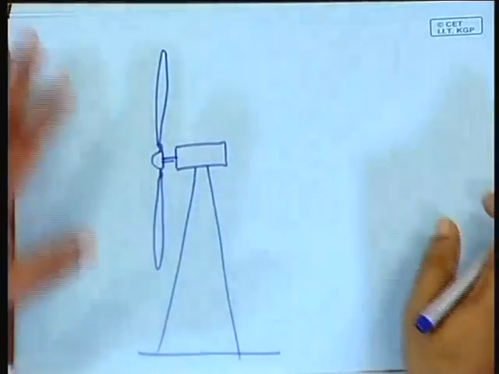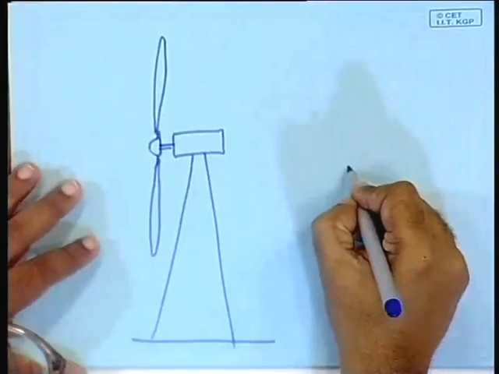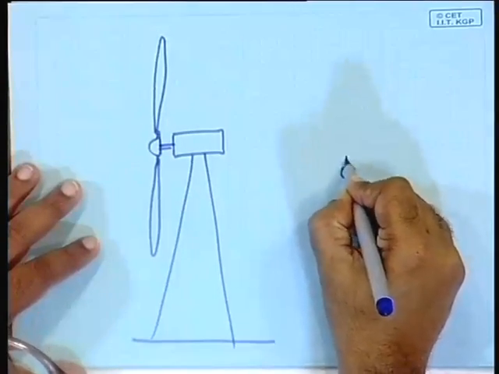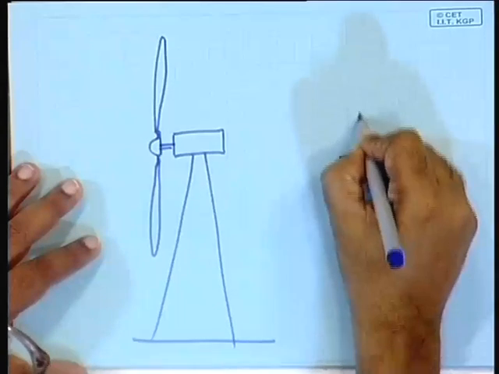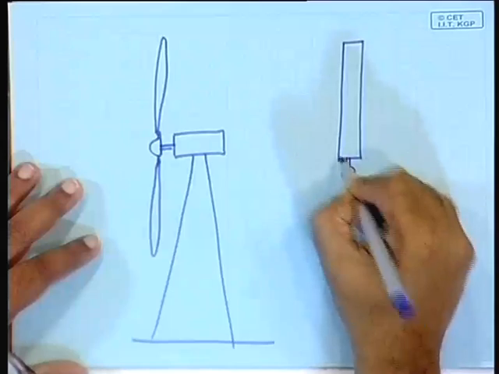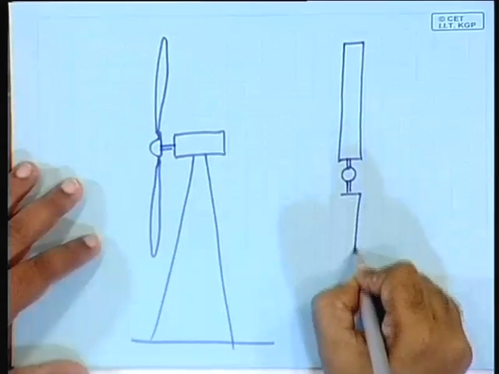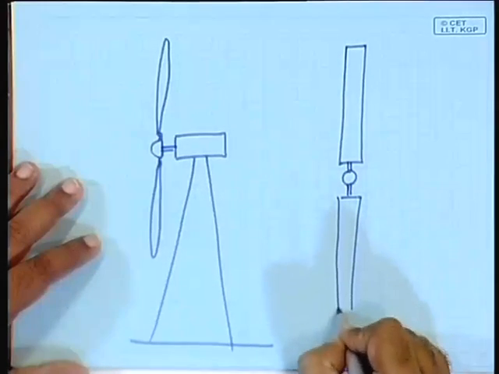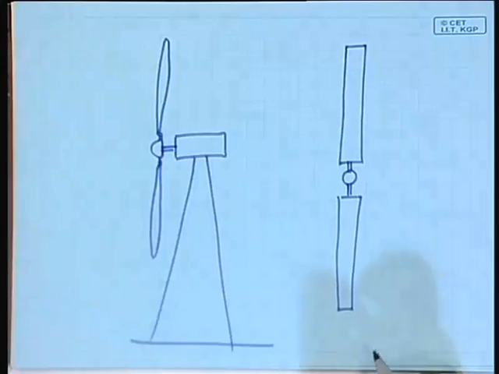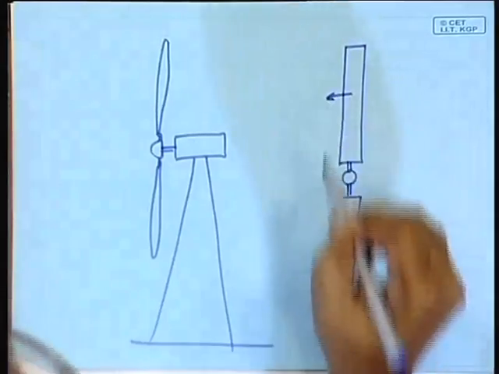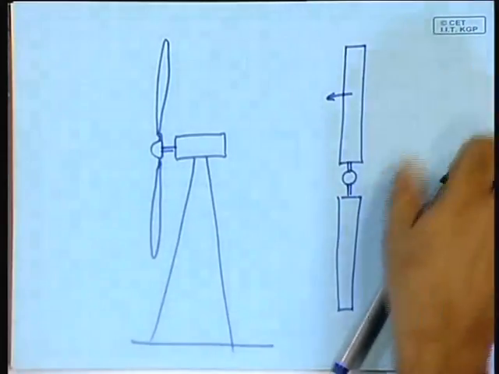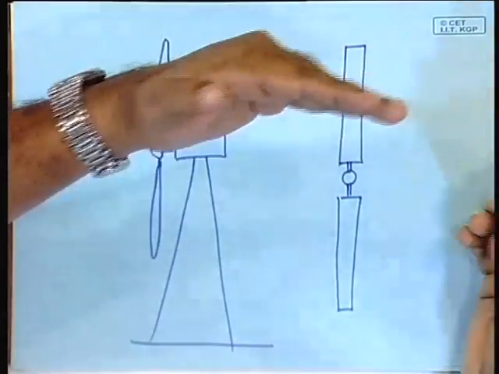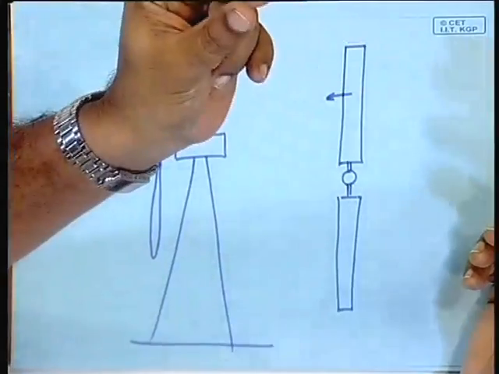If you see it from the front, to draw it in a simplistic manner, I will just draw two of the blades. Okay. Now, this fellow is moving in that direction. Where is the airfoil? This section, if you cut the blade, that section is the airfoil section.